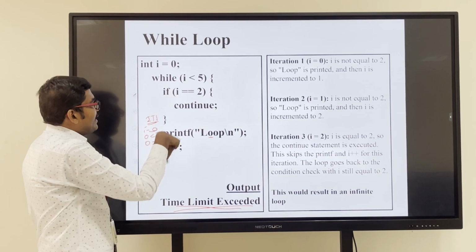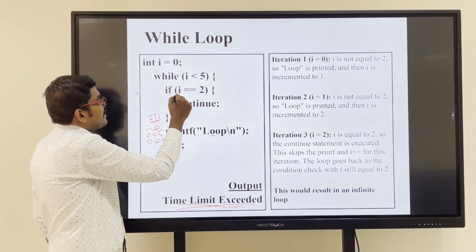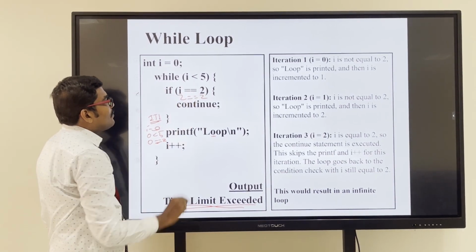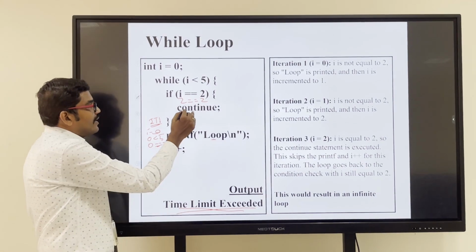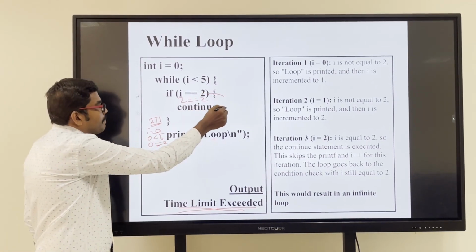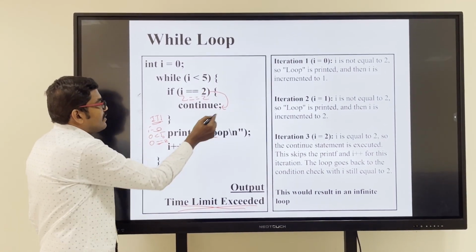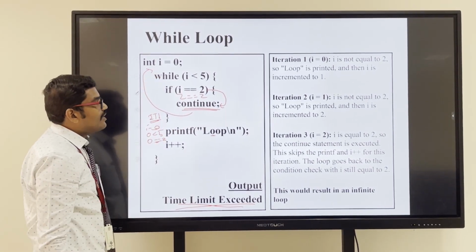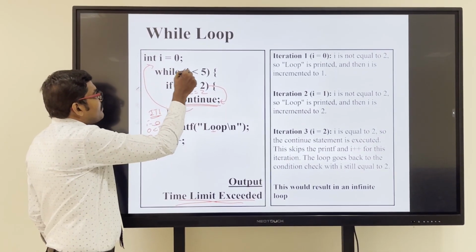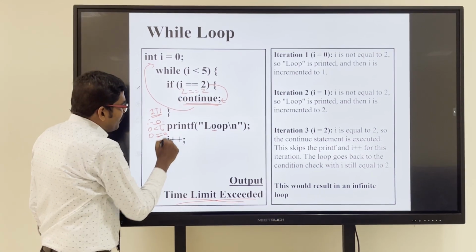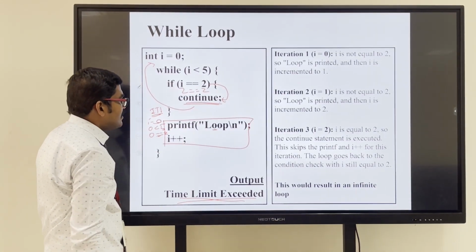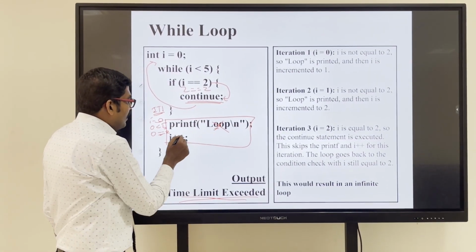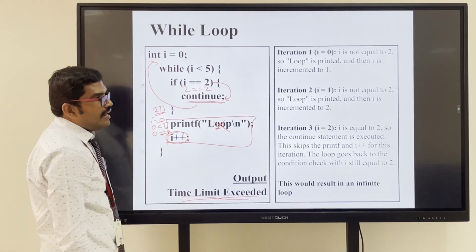It goes on again and again. For example, in the case 2 equal to 2, the condition is satisfied, so control goes back to the start of the loop. At that time it is not going to perform these two lines: it will not print loop, and it will not increment the i value.